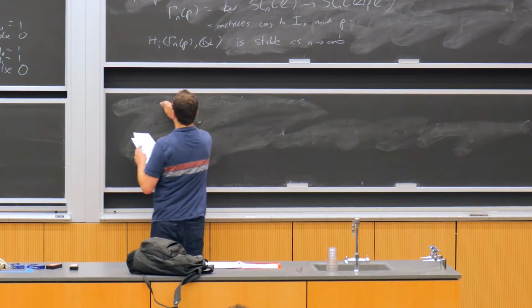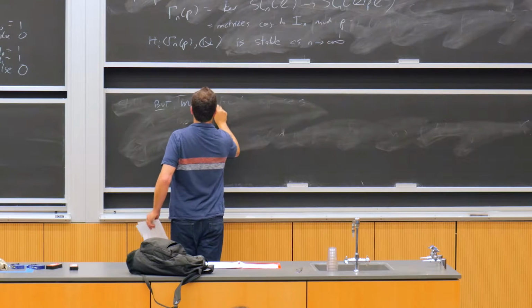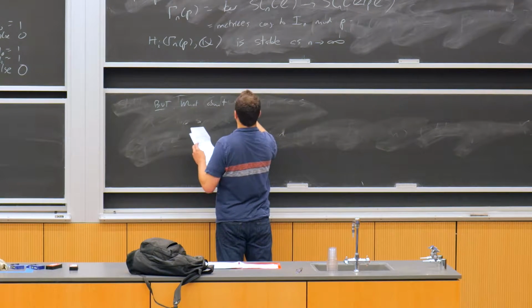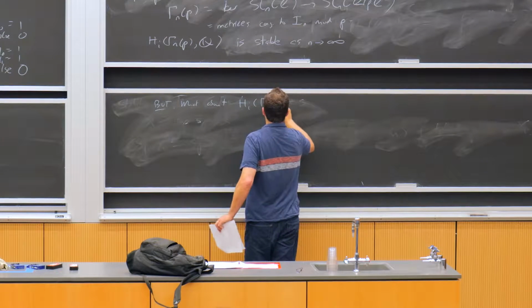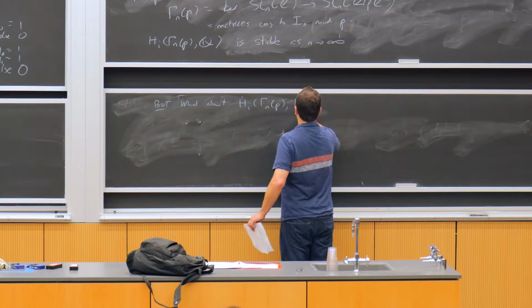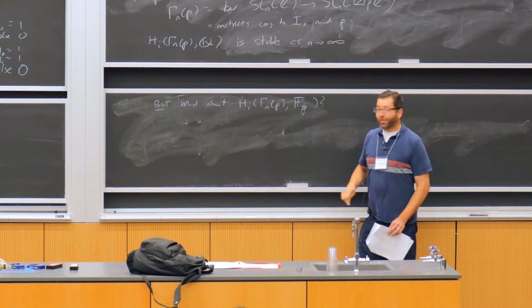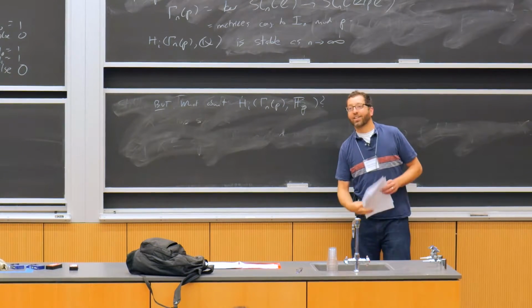But what about H^i of Gamma_n(p) with F_p coefficients? And of course, p equals p. That's why we're in a situation of grave danger.